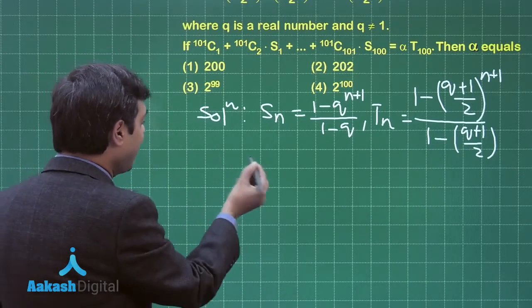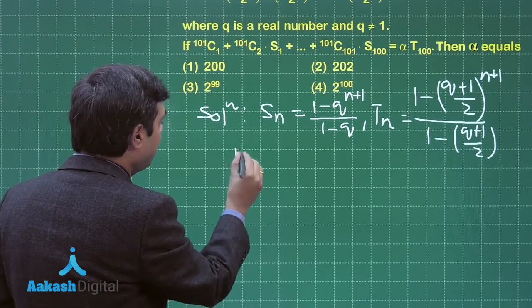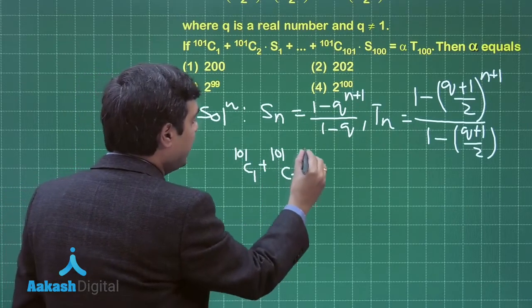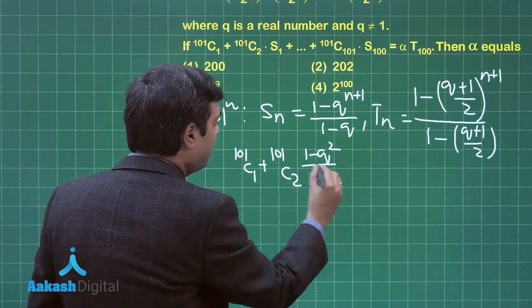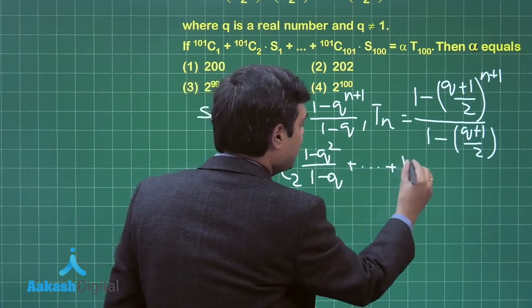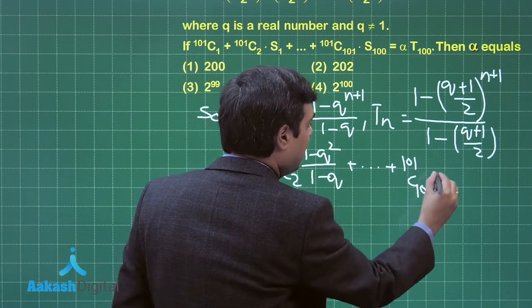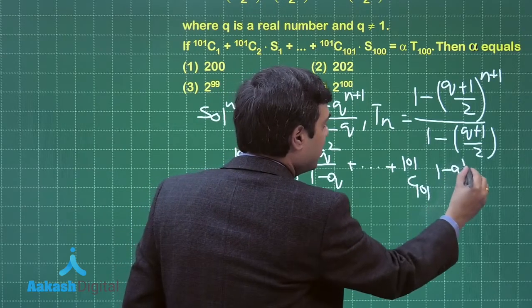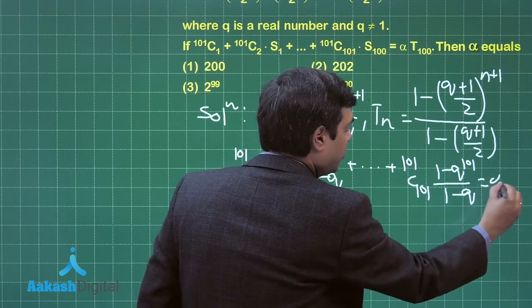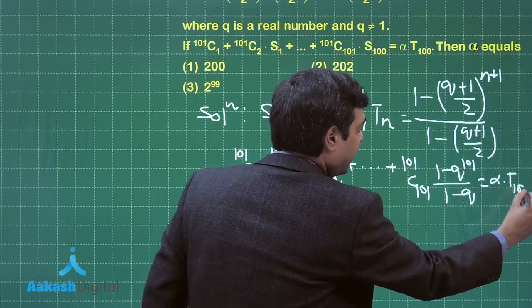So I can read it as simply 101C1 plus 101C2 into (1 minus q square) upon (1 minus q) and so on till we have 101C101 into (1 minus q raised to the power 101) upon (1 minus q) is equal to alpha into T100.